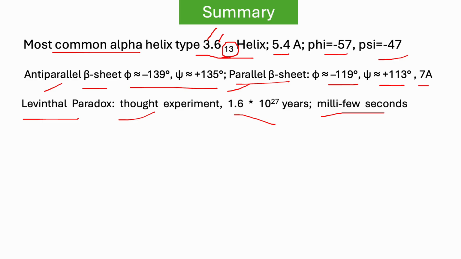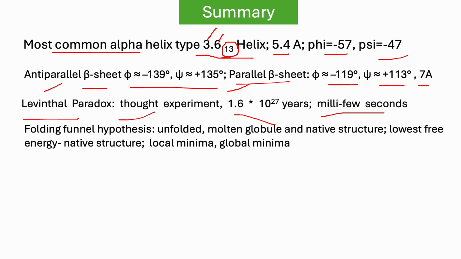So this is a paradox, and this paradox is solved by one hypothesis, the folding funnel hypothesis, which tells that it actually has 3 structures. First, at the top of the funnel, the unfolded state, then the intermediate molten globule, which is semi or partially folded, and also the native structure, which is the lowest free energy state.